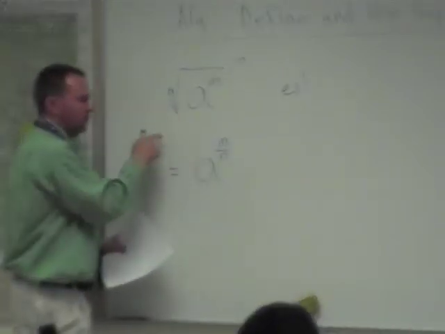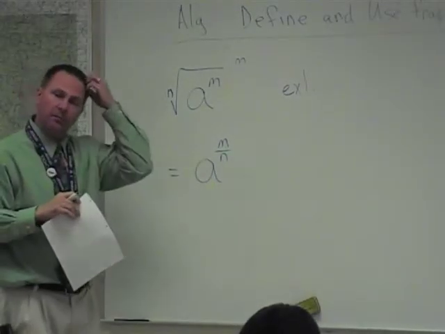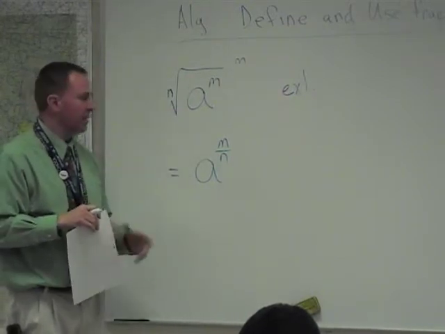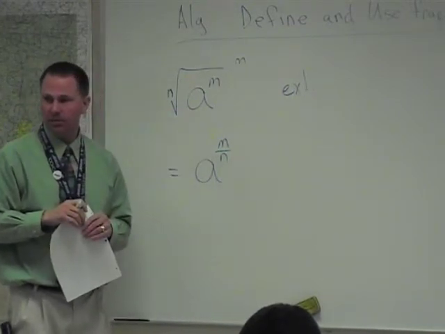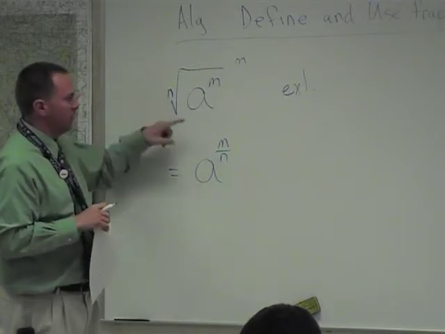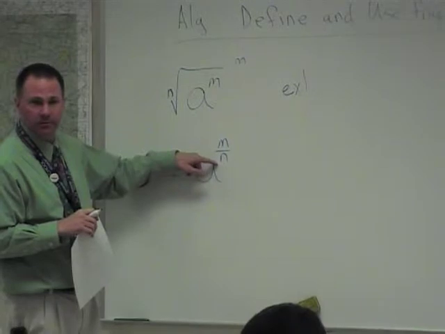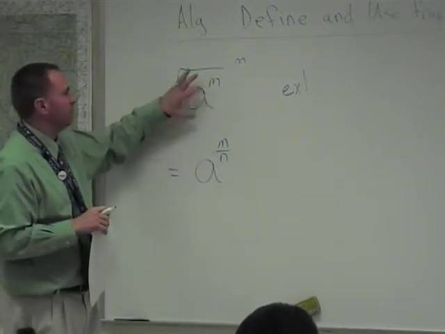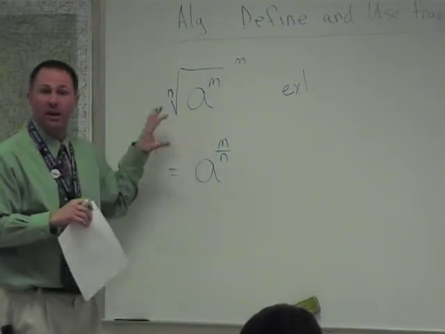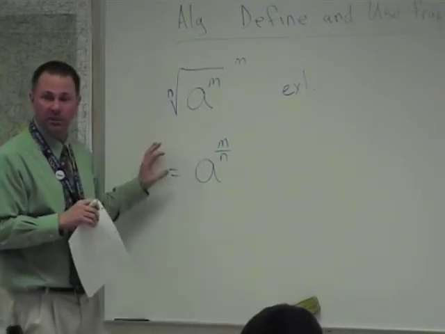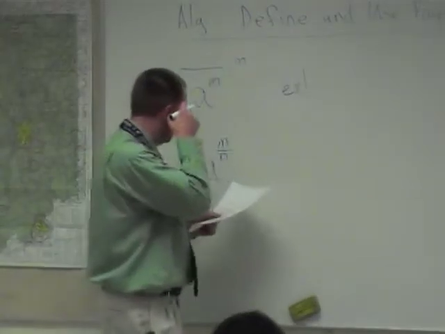So these two things are exactly the same. You can write them either way. So that's where your fractional exponent comes from. The root is always the denominator. Got it? So I put this up here just to show you where to put all the numbers when you manipulate them. All right, let's do example 1.